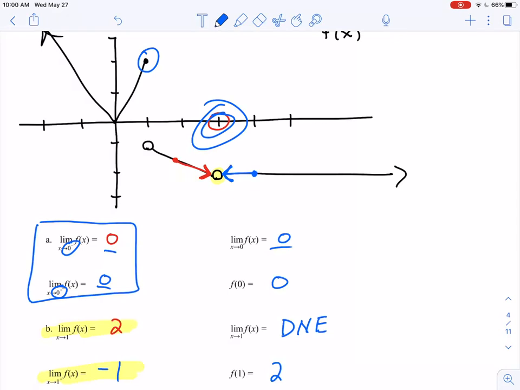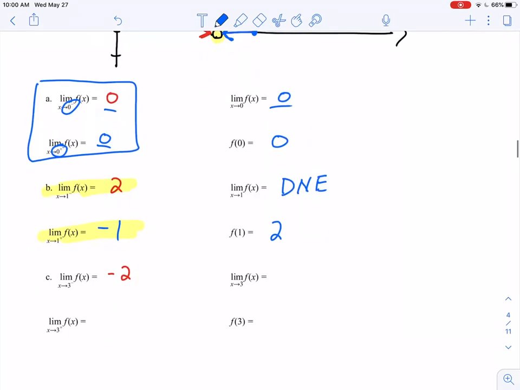It's pointed at actually that hole right there again, which we said has a y value of -2. So here the left-hand limit is -2. The right-hand limit is -2. So again, I could look at my graph, or I could just say, hey, you know what? I've got the left-hand limit, I've got the right-hand limit. They are the same, so that means that the two-sided limit must also be -2 here.